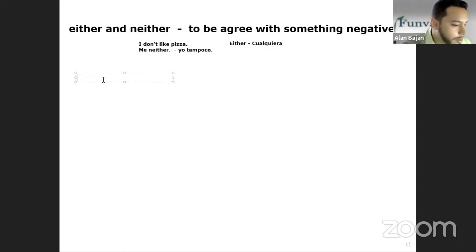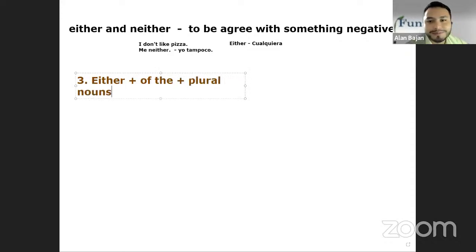All right, so let's go with rule number 3 of either, okay? We use either with plural nouns. But if I want to use it with plural nouns, I need to add a connector of the. Either of the plus plural noun.